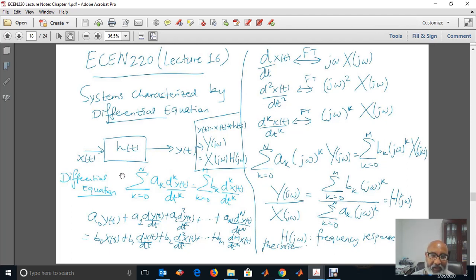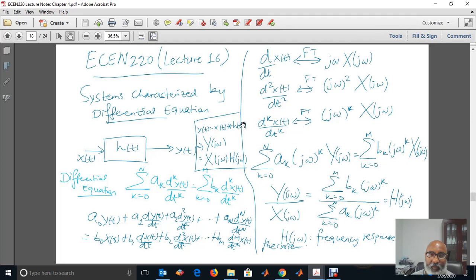Now in this chapter, instead of x of t and h of t, what if we are given the differential equation? The differential equation gives the relation between the input x of t and y of t, given by this. Now, as you know, y of t is x of t convolved with h of t, and in the frequency domain we have Y(j omega) equals X(j omega) times H(j omega).